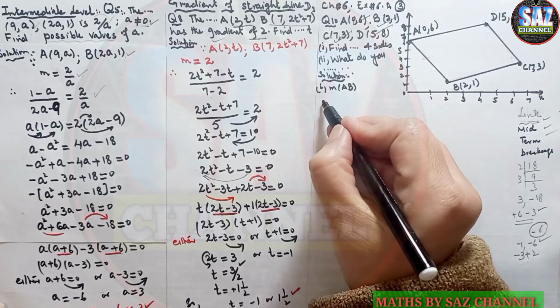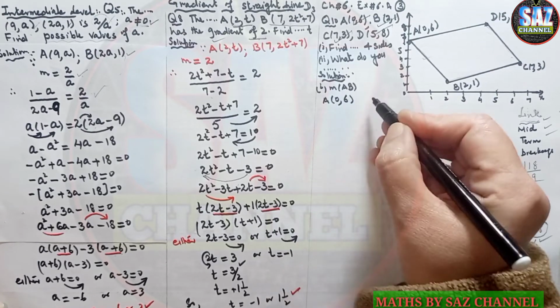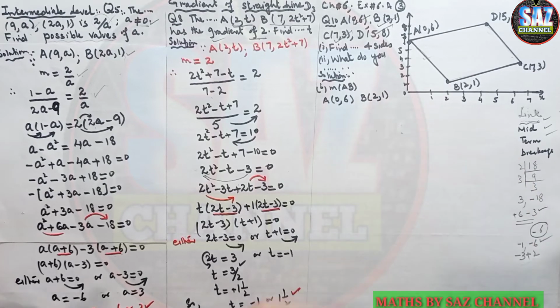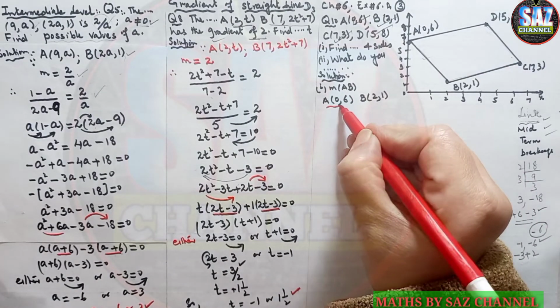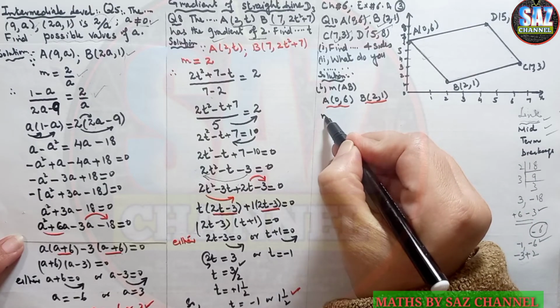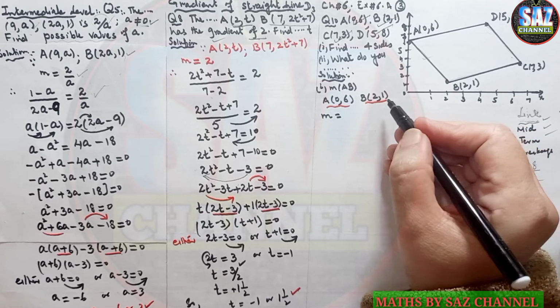A has the coordinates (0, 6), and B has the coordinates (2, 1). Let me highlight these two points. Now I have to apply the formula: gradient equals y2 minus y1 upon x2 minus x1.